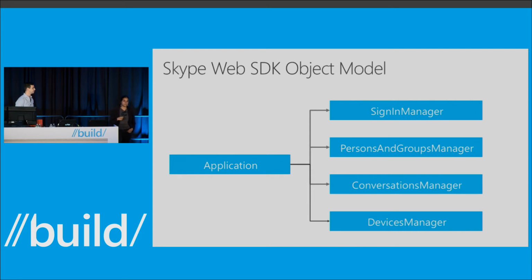Conversations Manager. Primarily, this is what powers your connectivity and your conversations. Your chat sessions, your audio sessions, your video sessions, and eventually your sharing is all going to be powered via this one. Devices is actually to manage your actual hardware devices of camera, microphone, as well as your speakers.